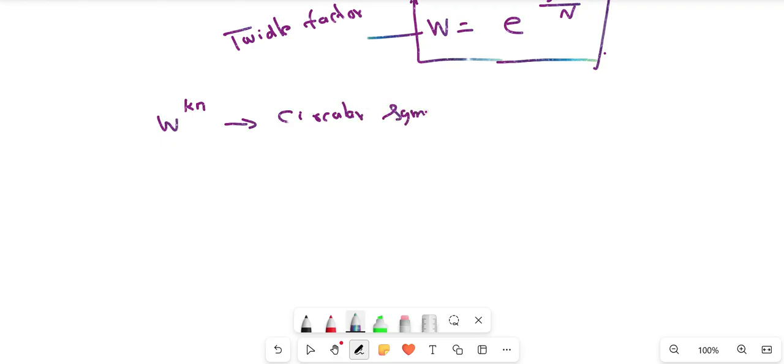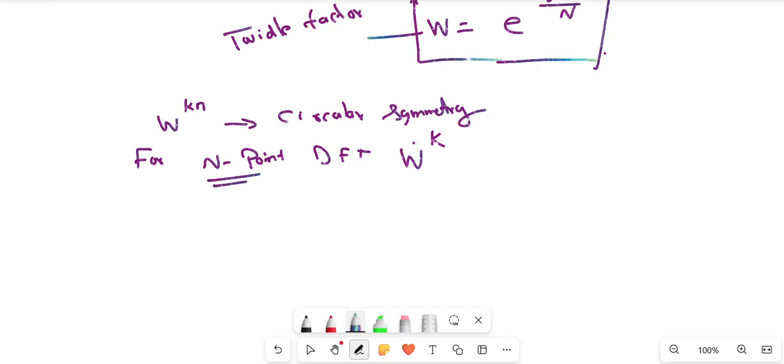For the N-point DFT, W power k of n plus N repeats periodically with the period N.